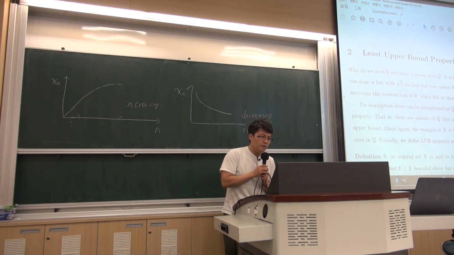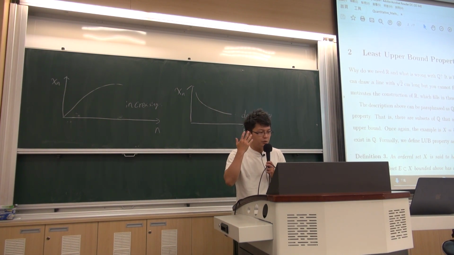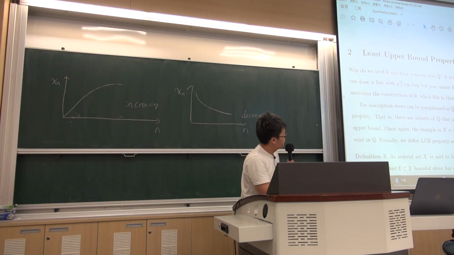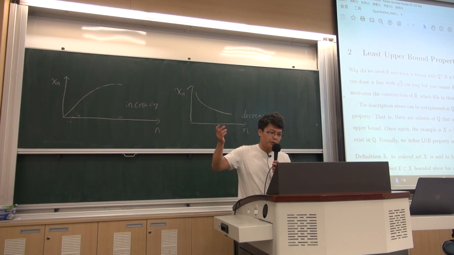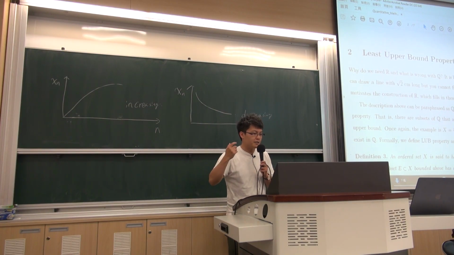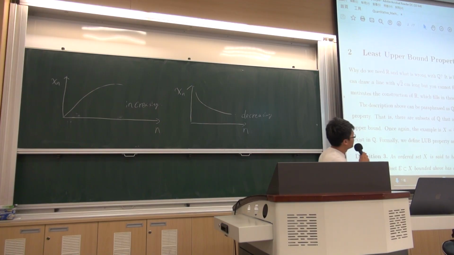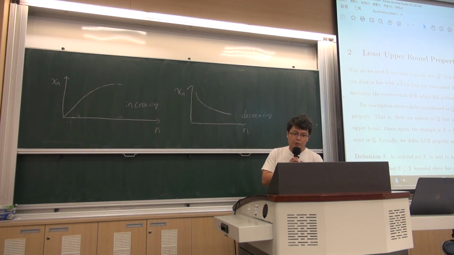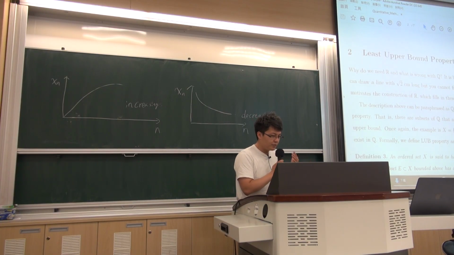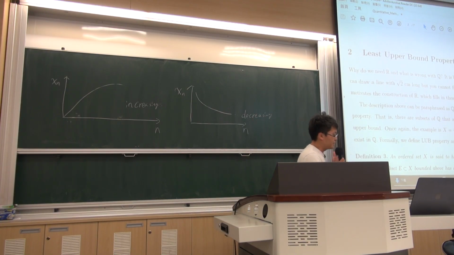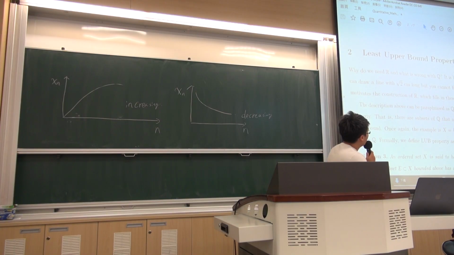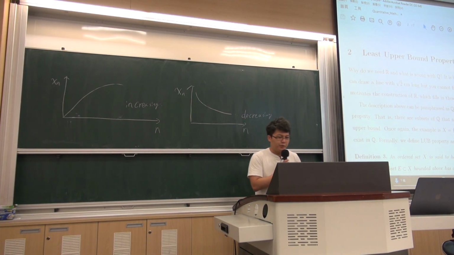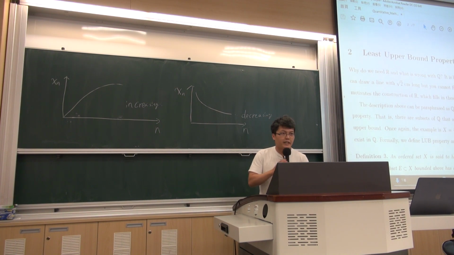For example, you can draw a line with square root of 2 in a real line, but you cannot find an element in the rational numbers that equals square root of 2. This kind of deficiency motivates the construction of real numbers, and the real numbers are going to fill all the gaps here.